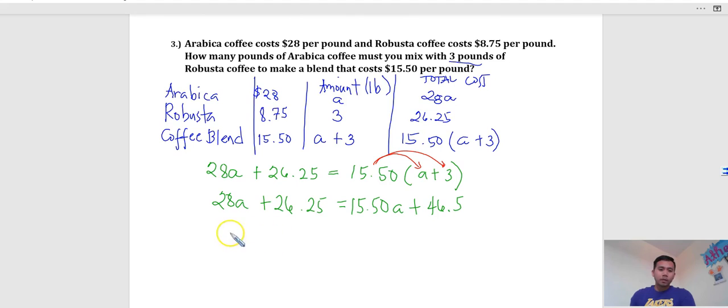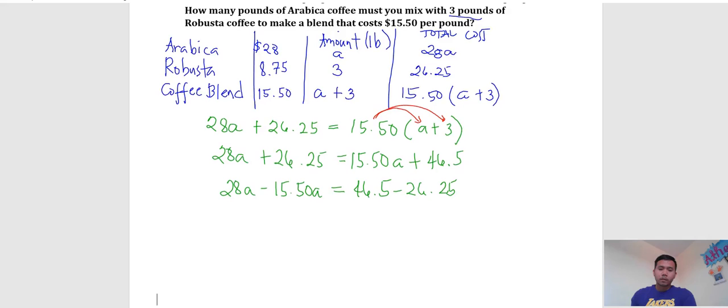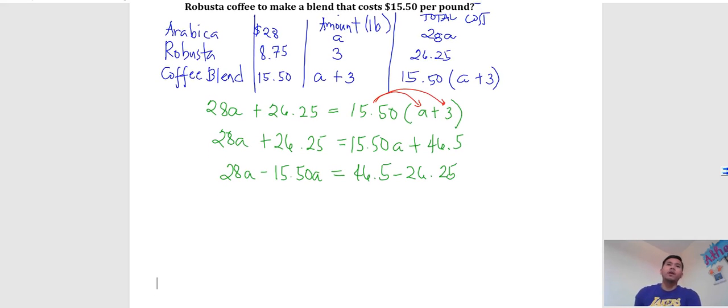So we have 28a minus 15.50a is equal now to 46.5 minus 26.25. 28a minus 15.5a will give us 12.5a, while 46.5 minus 26.25 will give us 20.25.